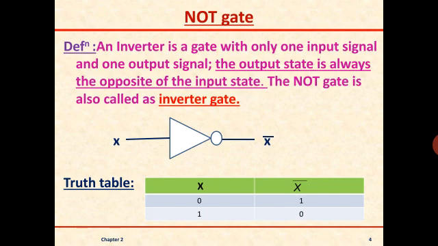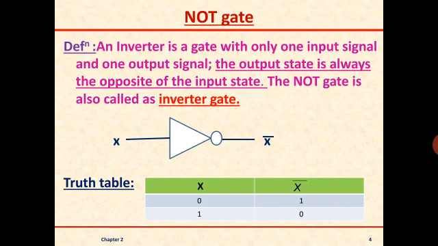See here, in the diagram, the inverter gate has only one input signal and produces only one output signal. Suppose I consider X as the input signal, it produces X bar as the output signal. Here the output state is always opposite of the input state.